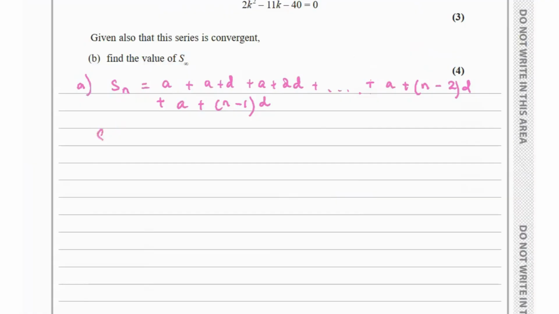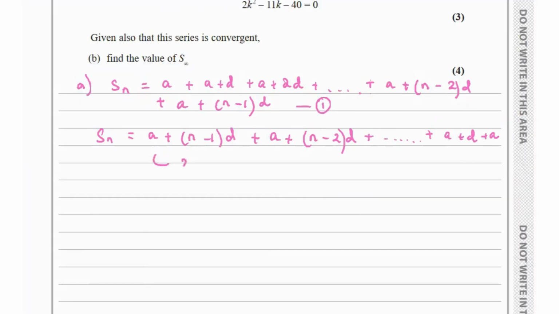Now I'm going to make another equation for the sum of n terms, but now I'm going to start in the opposite order. I'm going to say that the first term is a plus n minus 1 times d. Then the next term is going to be a plus n minus 2 times d, and so on. And then at the end, we have a plus d, and then plus a.